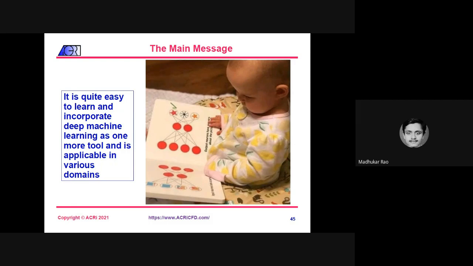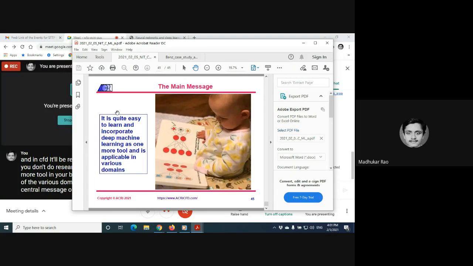Even if you don't do research in this area, you can still profitably use it as one more tool in your bag of tools, applicable in most of the various domains from which you come. So that is the central message I wanted to convey. That's it. Thank you.